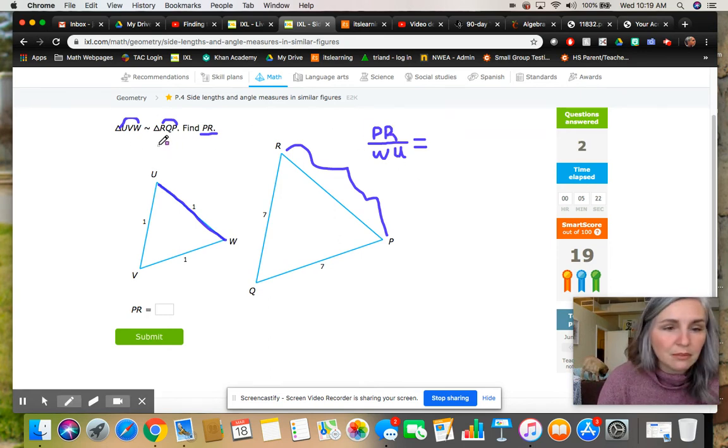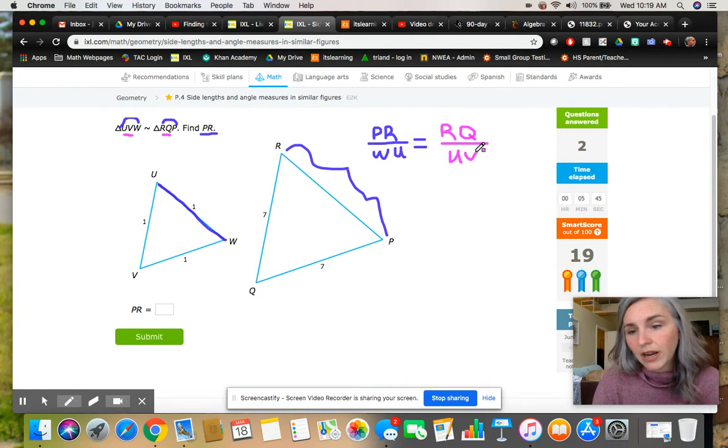So I could say RQ. I'm just picking two other sides that I know are proportionate. If I start with PR, then I'm starting with this triangle, so I have to start with this triangle again. So RQ is going to be similar to UV. This way I can write a proportion and just solve it, right? Which is what this whole thing's about.